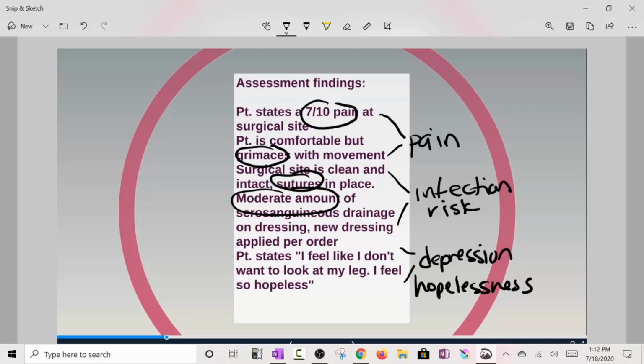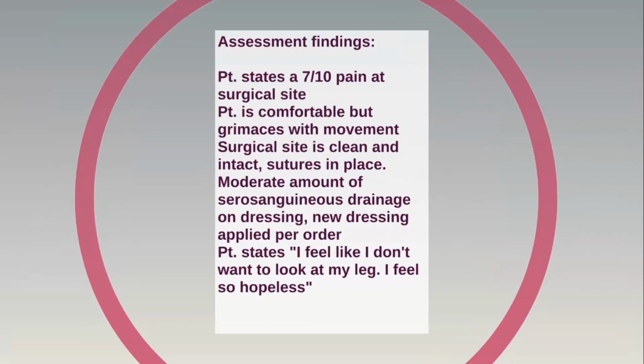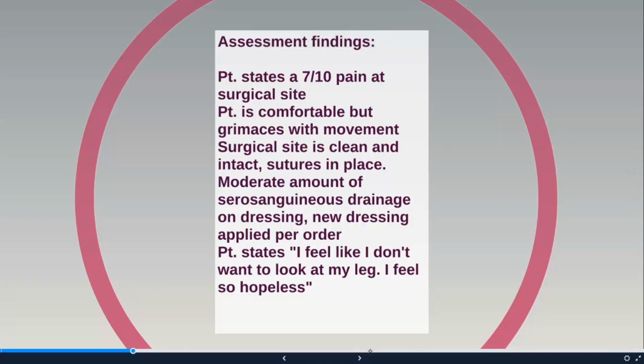So that's how you would essentially cluster your data. Now, obviously, in a real patient assessment, there would potentially be many more, but I just had a few there to simplify this for you guys. After you've clustered your data and determined what problems are there, you would then move on to the diagnosis step. In the diagnosis lecture, I'm going to show you how to look up NANDA approved nursing diagnoses that match the problems you identified.